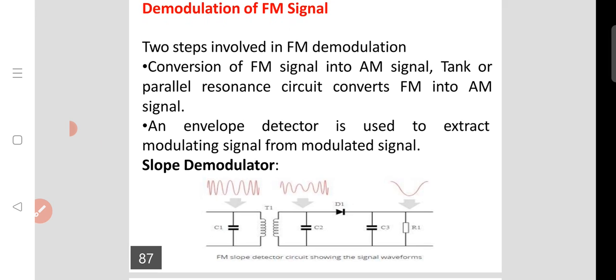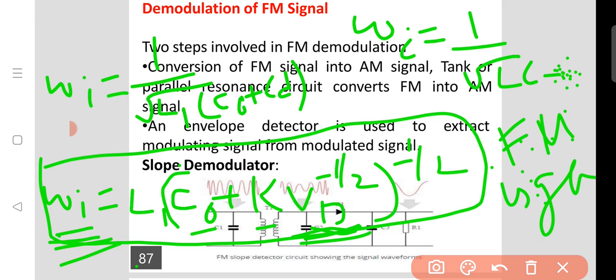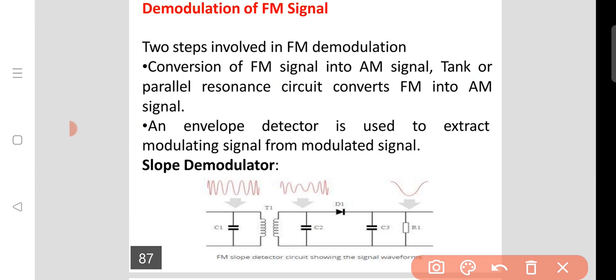First of all, our FM signal is converted into the AM signal, then it is converted into our actual modulating signal. It means the message signal. So first step, FM is converted into the AM signal, then the AM signal detects automatically our message signal using envelope detectors. Okay, these 2 points you remember that.